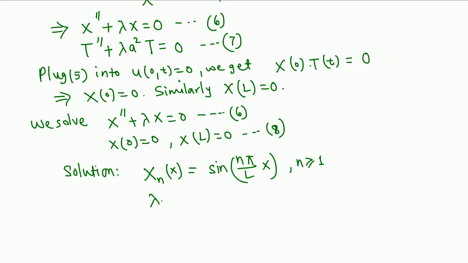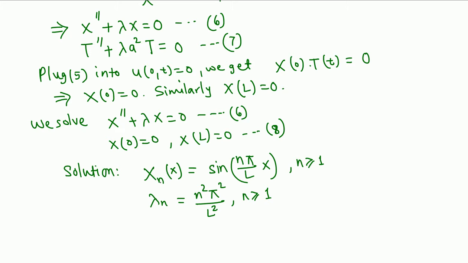So the eigenvalues lambda_n are n squared pi squared over L squared. For other lambdas there is no solution. Okay, that for all n bigger than or equal to 1.